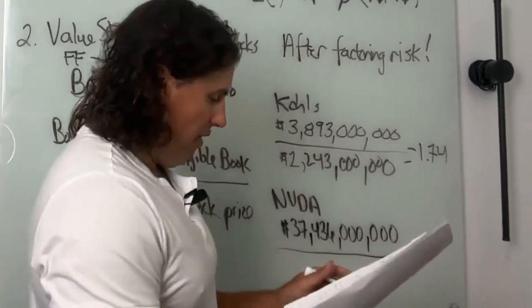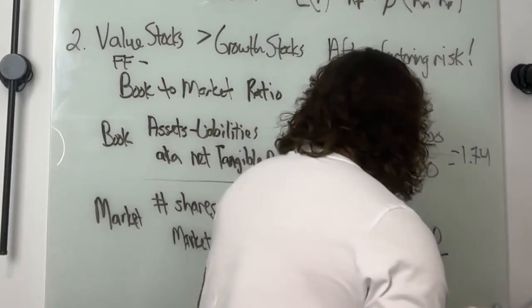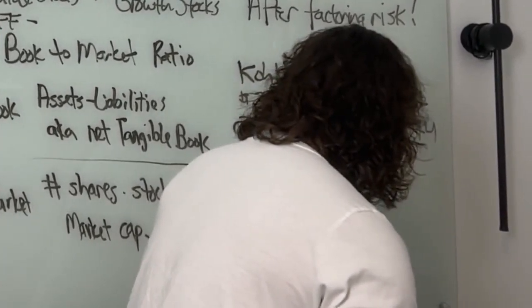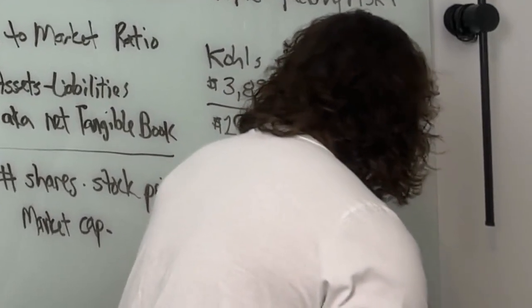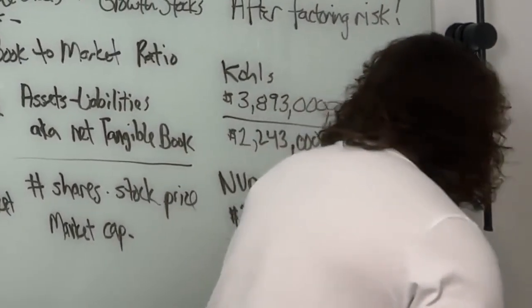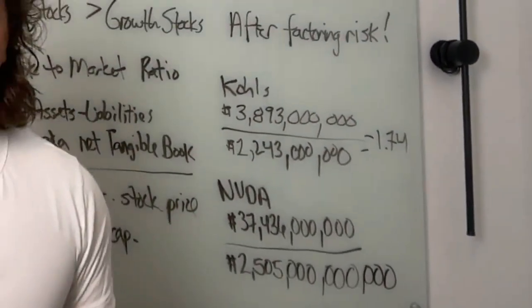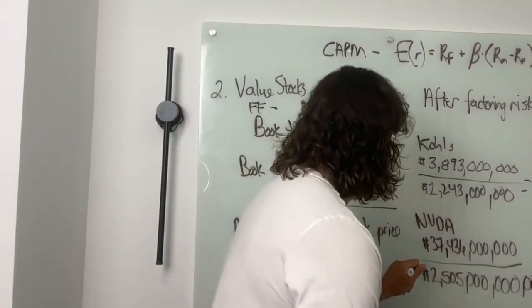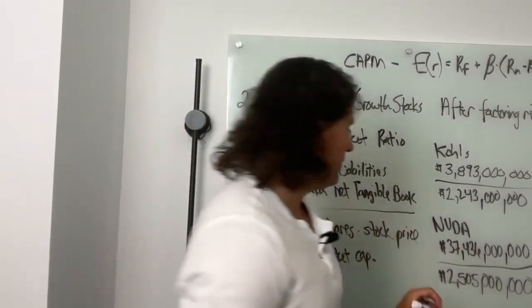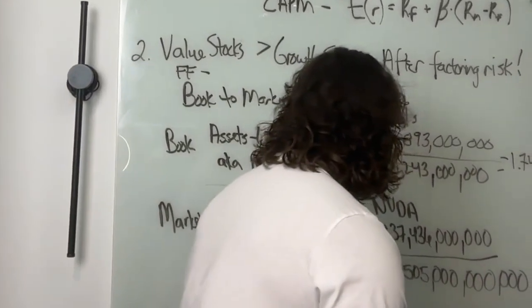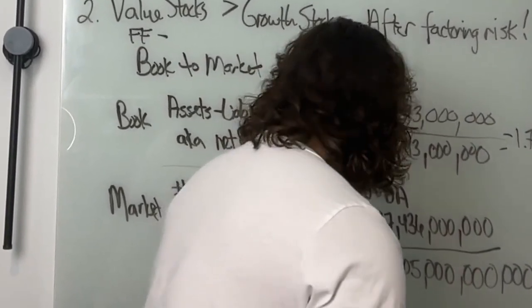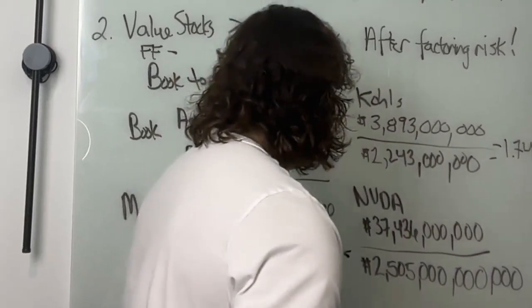And the market cap on that is $2,505,000,000,000. So I'm going to get this right here. That's billion. This is trillion if we capture that. And we divide this, and once again, make sure you have all of your zeros in order. And if I did it correctly, I have 0.015 as the ratio.